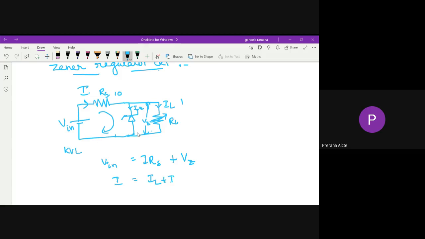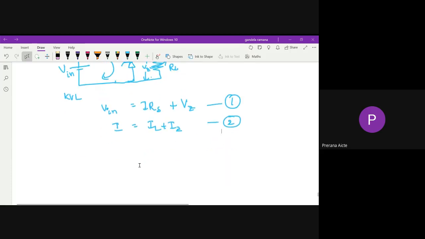This is equation number 1. This is equation number 2. From equation number 1, we are able to find out the current: I is equal to (Vin minus Vz) by Rs.